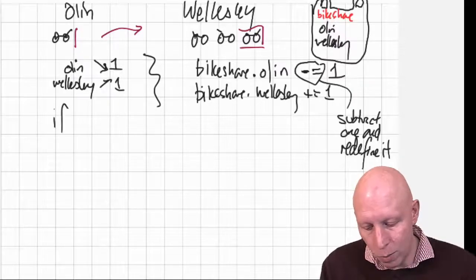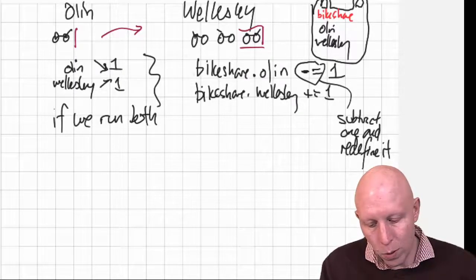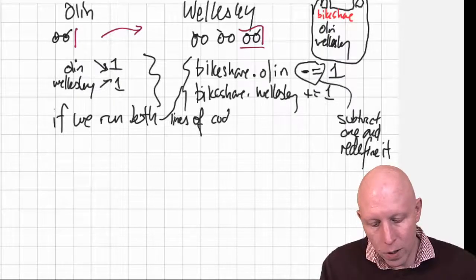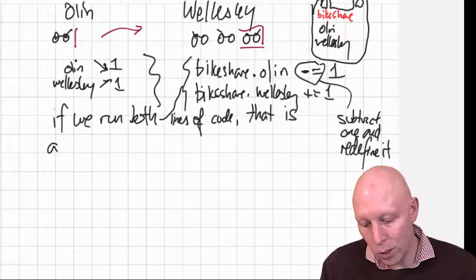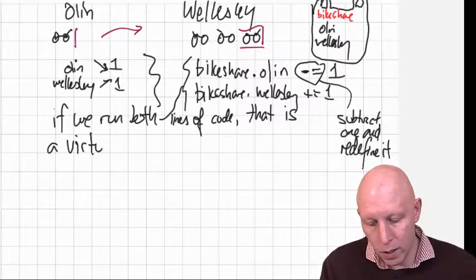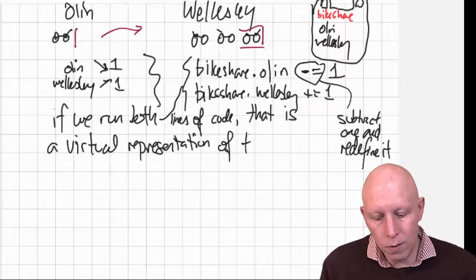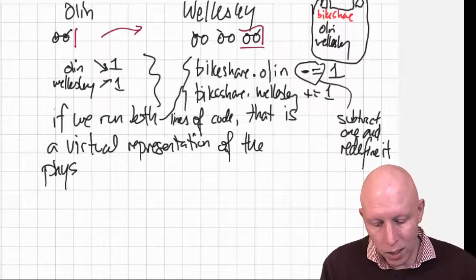So if we run both of these two lines of code, that is a virtual representation of the physical act of moving a bike.